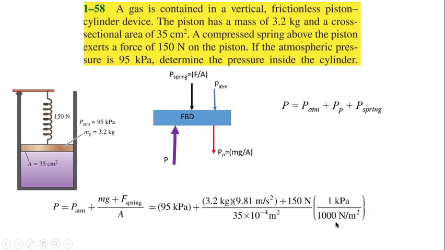Then you divide by 1000, then you get kilopascal, then with the atmospheric pressure unit, you can add it up and you will end up with 147 kilopascal. So that's how you determine the pressure inside the piston in the device. In this case it is gas, and please take note that the pressure right here is the absolute pressure.